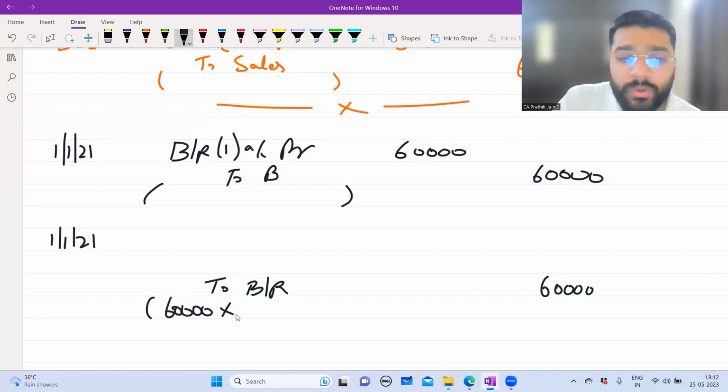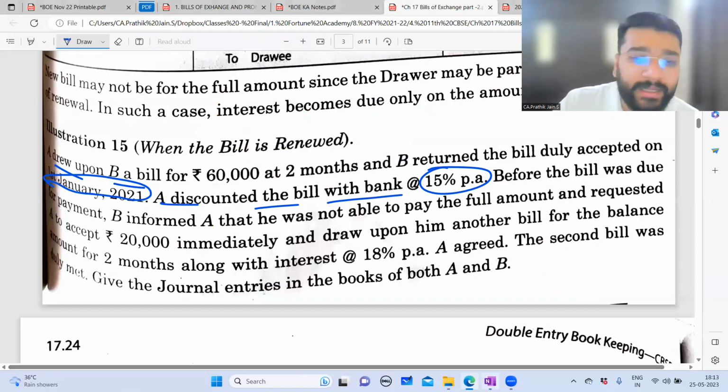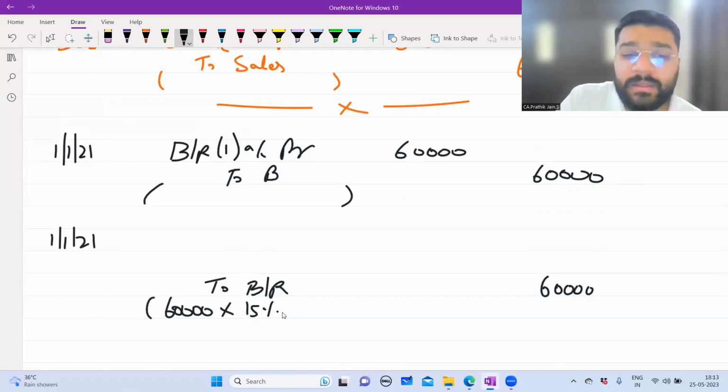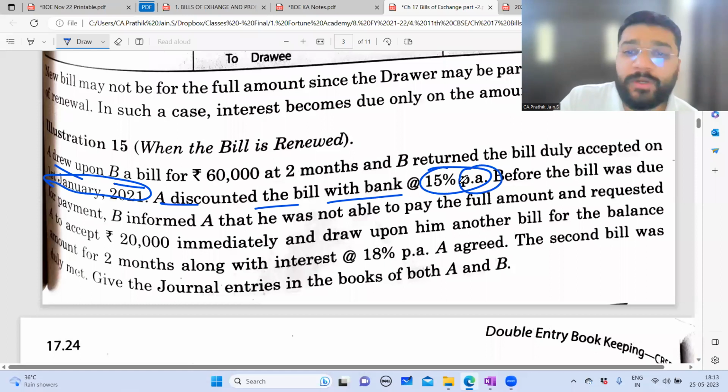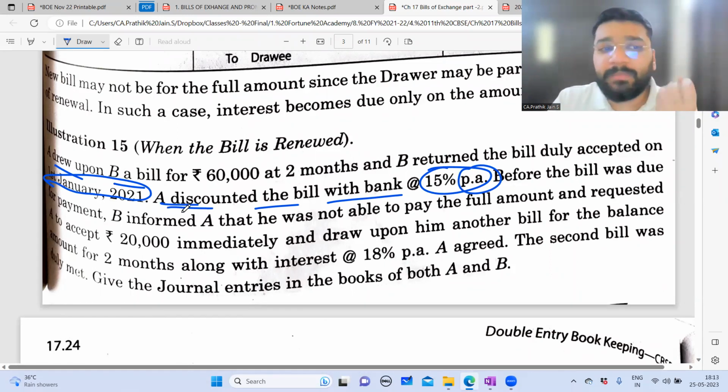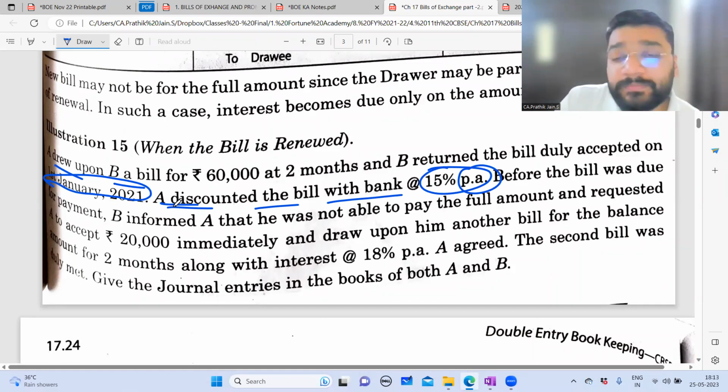60,000 is the bill value. Interest percentage is 15%. So 15% is for how many months? It is for 12 months. Now we have done the discounting with the bank, which means the banker has given me the money on 1st of January, and the banker will get this money back after how many months? 2 months.